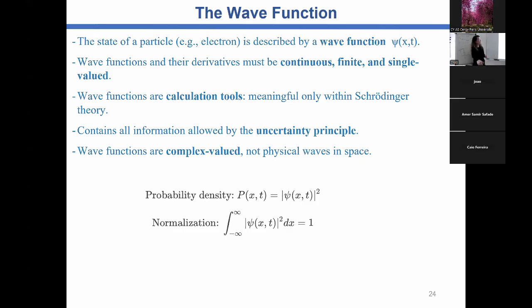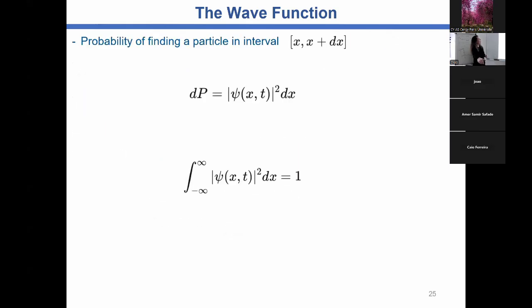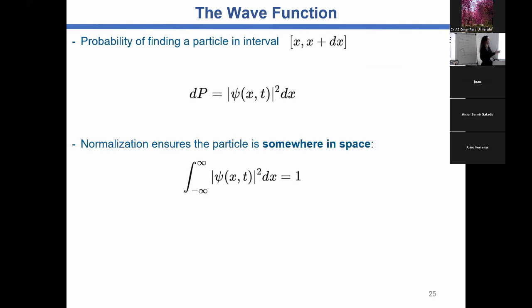So as I told, for example, to find one electron in the space in a certain condition of time, and this space is given by one limitation, the initial condition x and x plus dx.